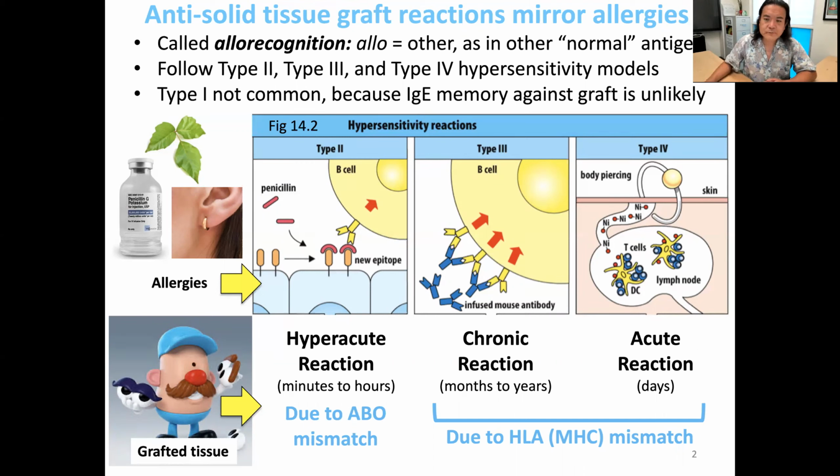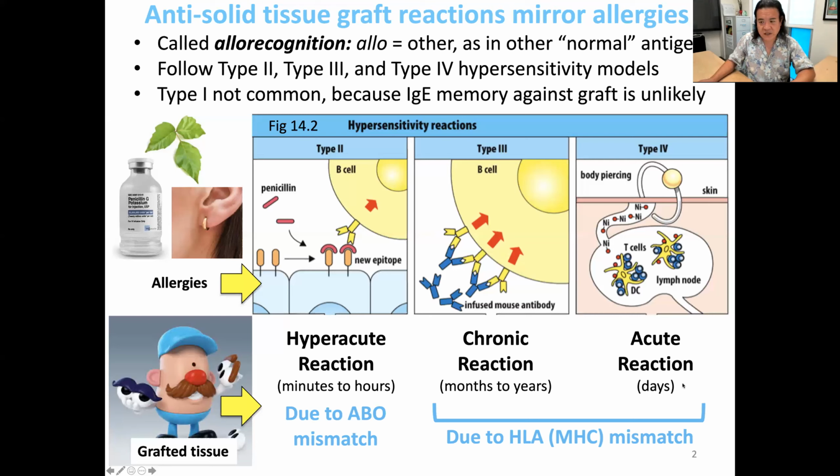We said that in addition to ABO matching, when you're talking about solid tissue transplantations, you're going to deal with type 3 and type 4 hypersensitivities. These have to do with situations where there might be a relatively quick rejection of the solid tissue that's transplanted, over the course of several days, for example.